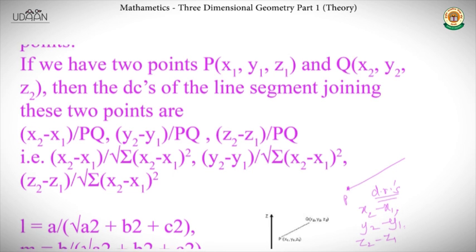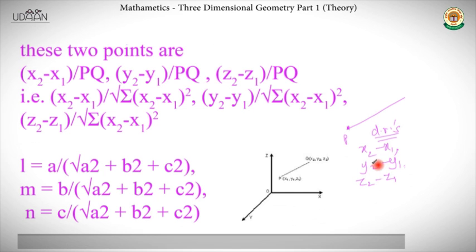Now to find the direction cosines, we must divide each of the direction ratios by the root of (x2 minus x1) whole square plus (y2 minus y1) whole square plus (z2 minus z1) whole square.